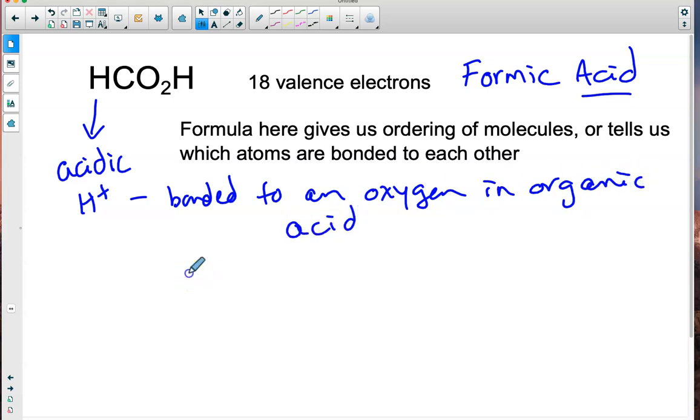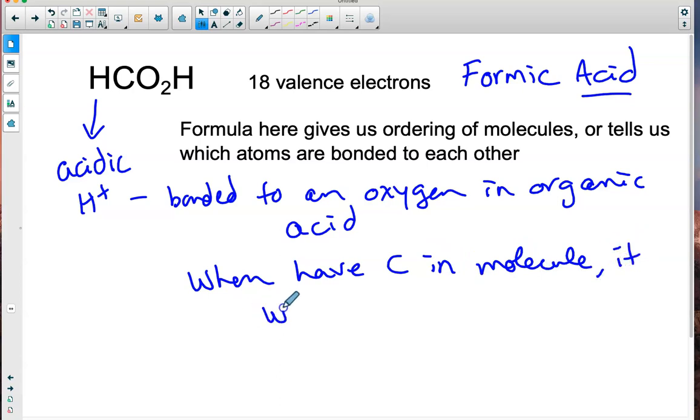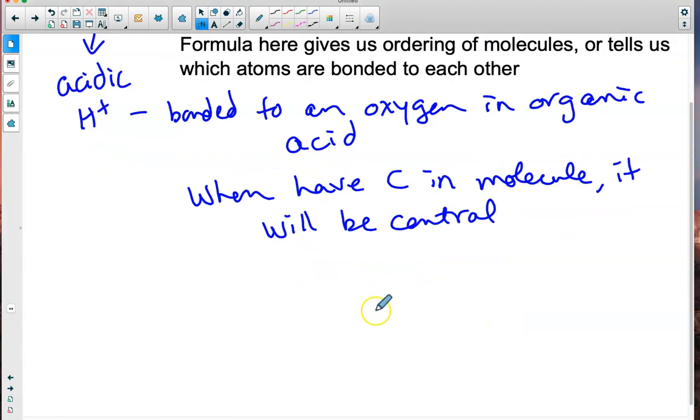And another thing is that when you have carbon in your molecule, it's going to be central. So we will do that.